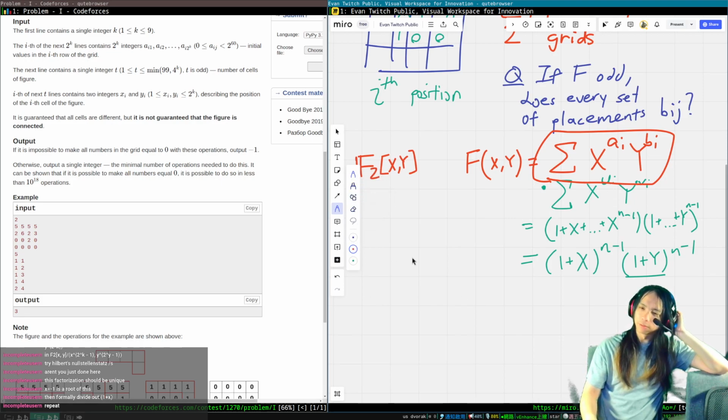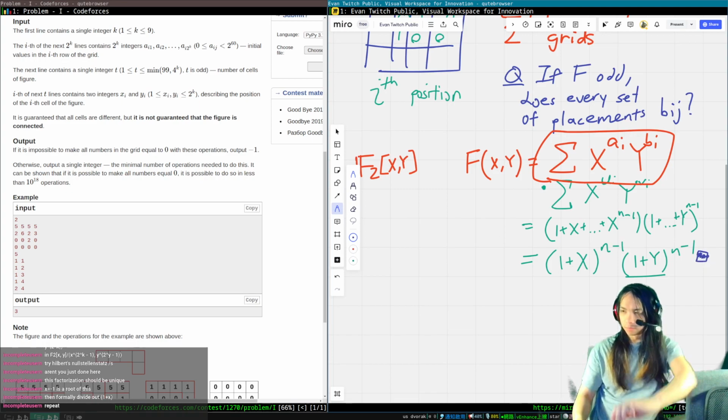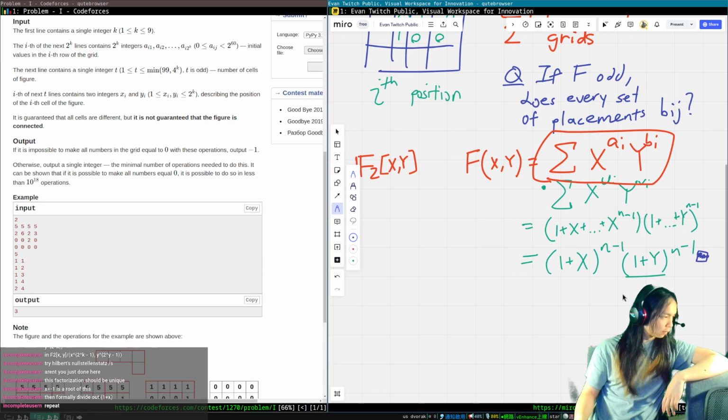Well, that's a very nice math result. I mean, the point is this thing is not divisible by 1 plus x, just because f is odd.